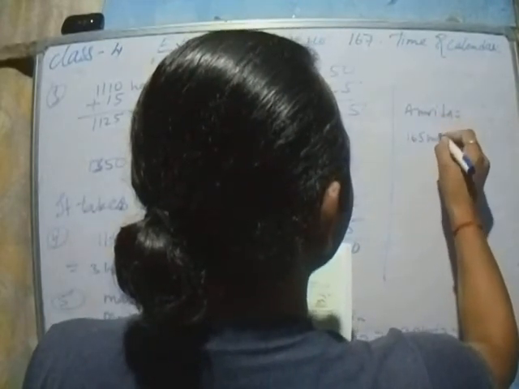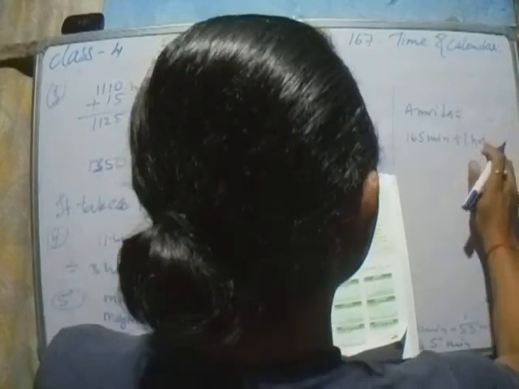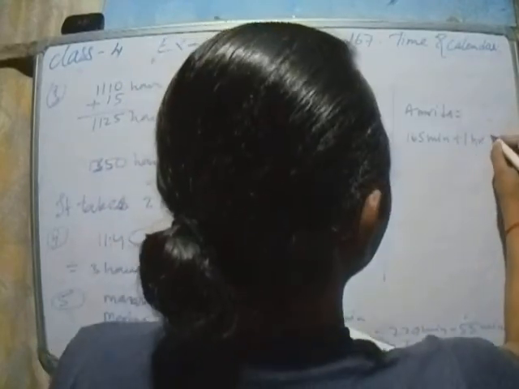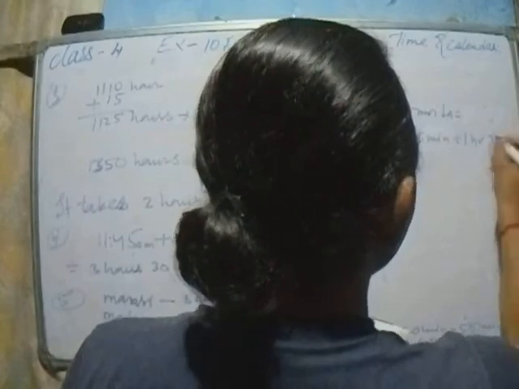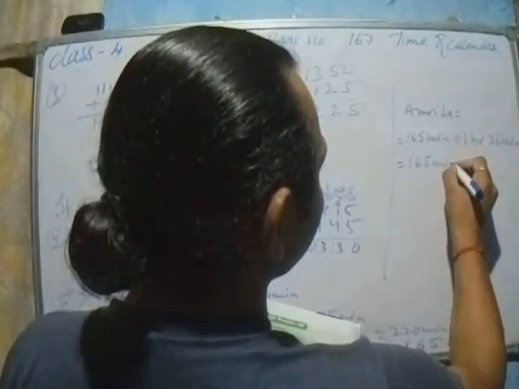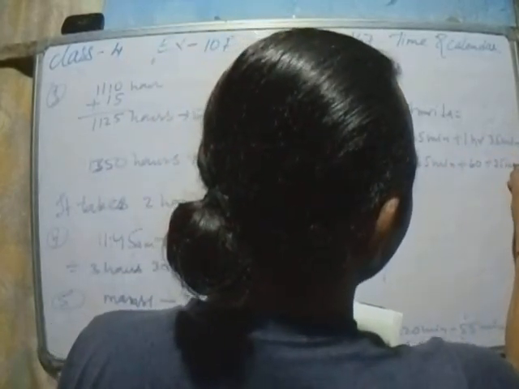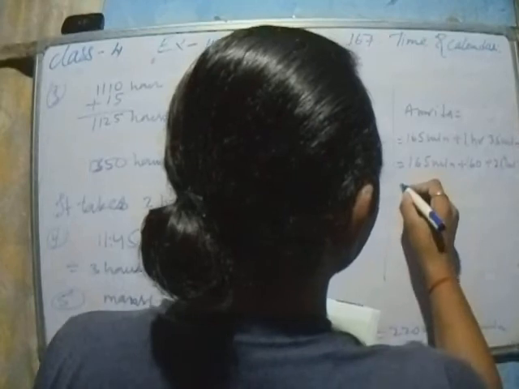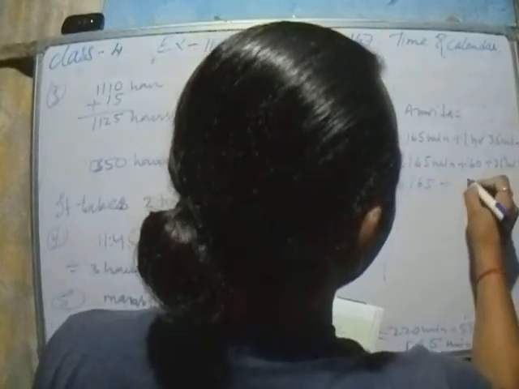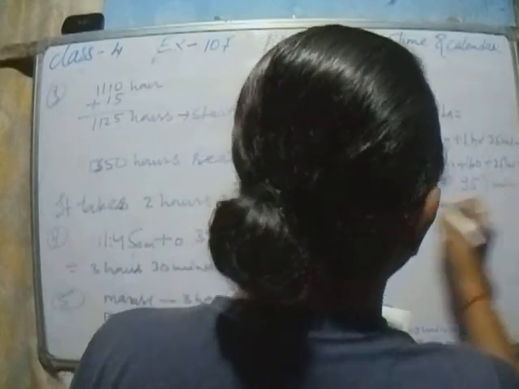So we are going to convert this into minutes, okay? 165 minutes plus 1 hour means 60 plus 35 minutes. This all gets added. So 165 plus 60 plus 35 minutes. Then add it up.